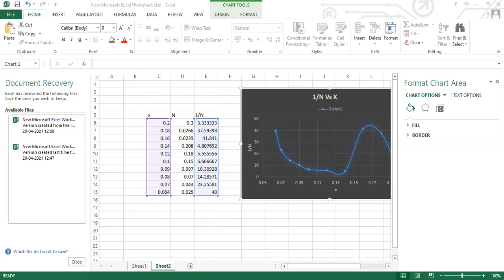One box, another box, third, fourth, fifth, sixth, seven, eight, nine, ten. So the number of boxes is equal to 10.